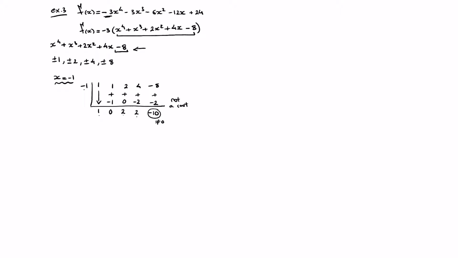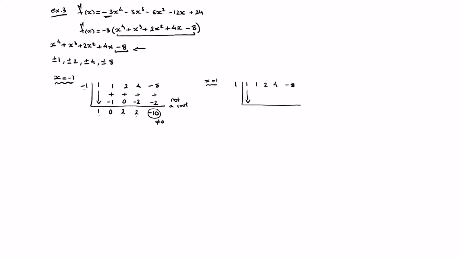Okay, so let's move on to the next. We try x equals 1. Now, starting over with our coefficients, those were 1, 1, 2, 4, and negative 8, and at x equals 1.